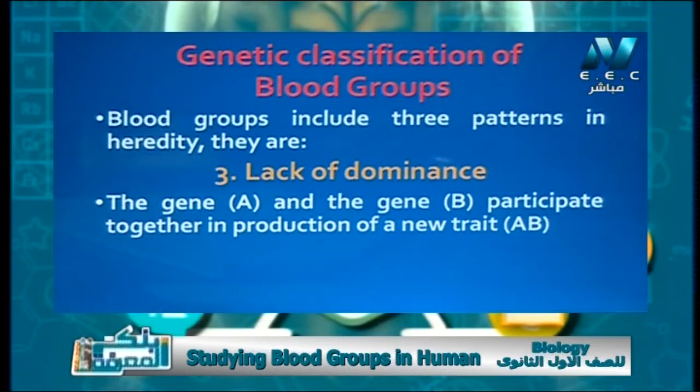The presence of the gene A and the gene B in the same person produce another type of blood group, which is AB.